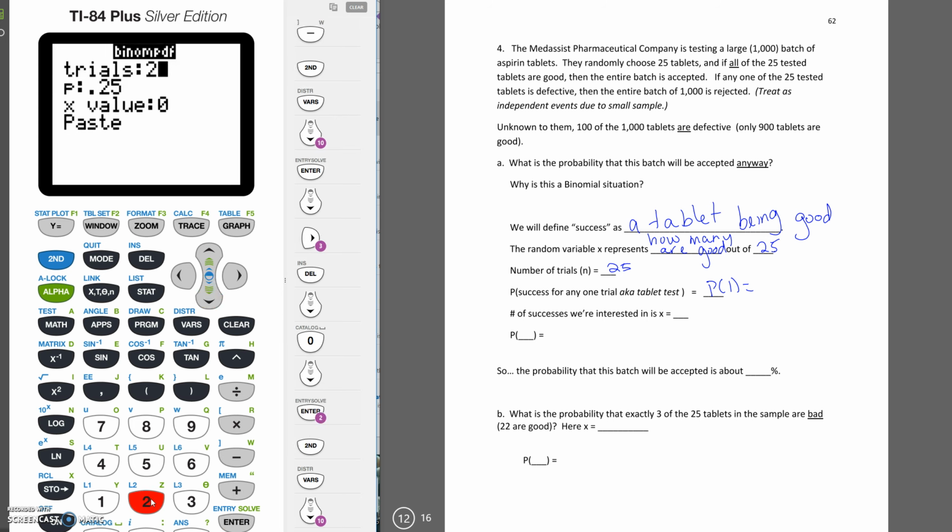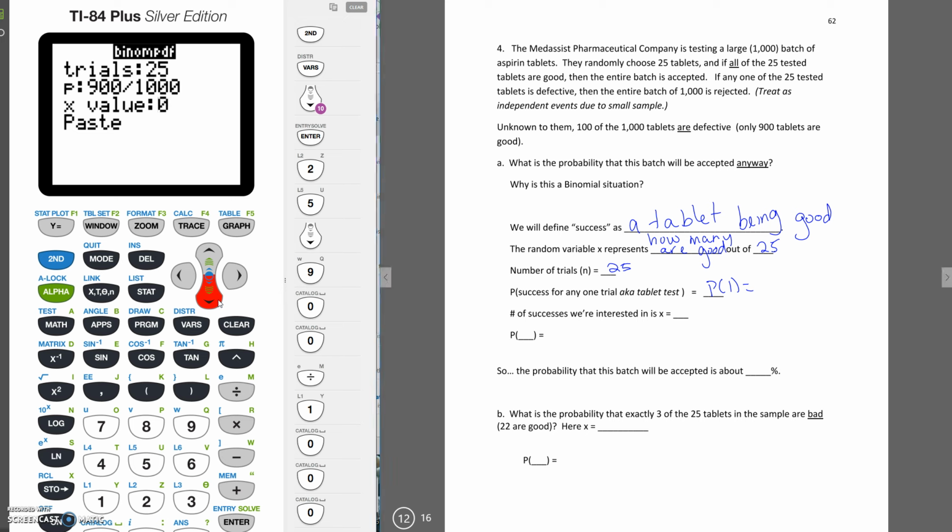So our number of trials, we're picking 25. Now our probability of success, we know that 100 of them are defective, which means 900 out of the 1,000 are good. So the probability of success for any one trial, any tablet, that's what we just put in, 900 out of 1,000.